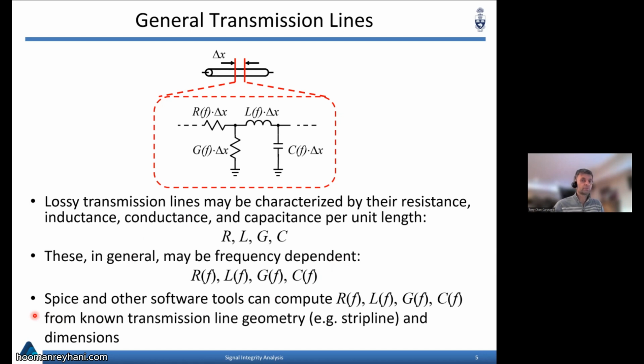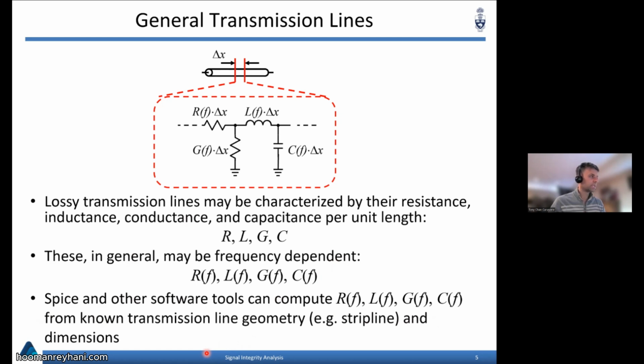Many commercial versions of Spice and other software tools can compute these specific resistance, inductance, conductance, and capacitance values as a function of frequency from known transmission line geometries and their dimensions, and from a knowledge of the materials that are used.